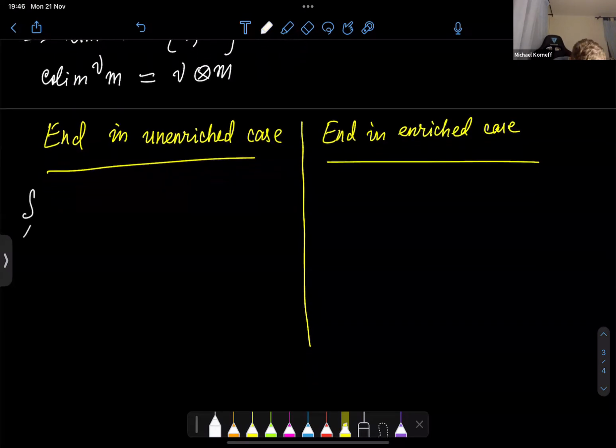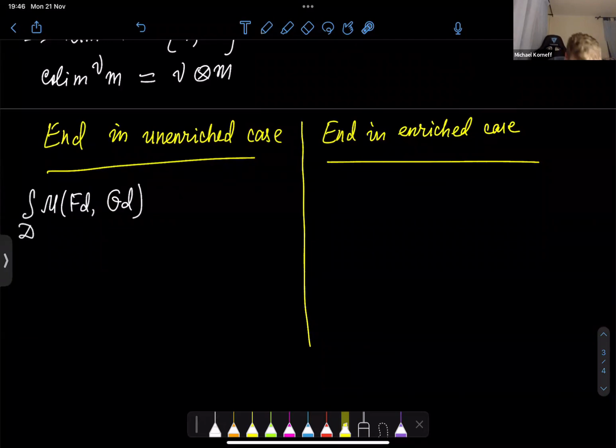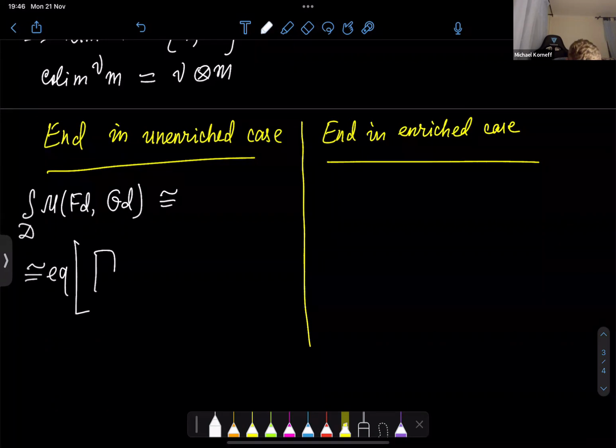So in the unenriched case, we know that the end is defined by means of the following isomorphism: if we integrate this bifunctor, we will obtain the natural transformations, or it is the same as an equalizer.